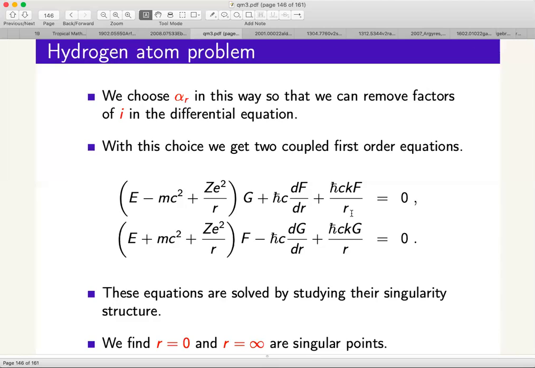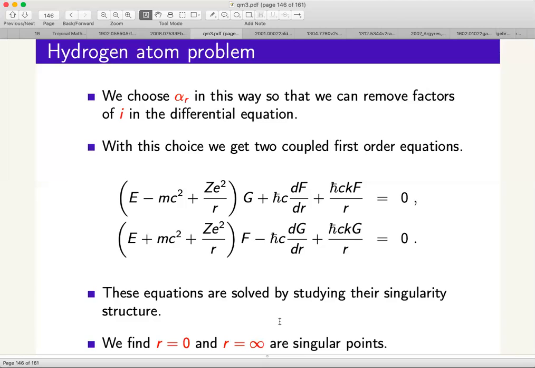So you find that rho going to 0 is again a singular point. So what we find is that not only r equals 0, but r equal to infinity is also a singular point. Fine. So now we need to ask, is there a difference between a singular point at r equals 0 and r equals infinity? And that is done in the following way.